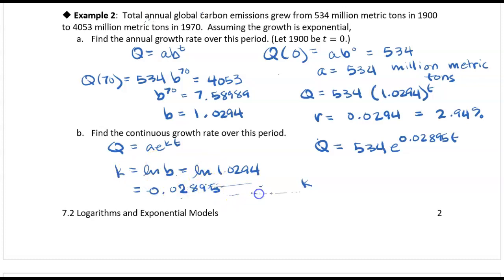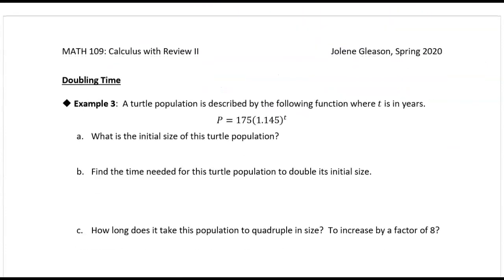K is 0.02895, but we could also express that as 2.895%. Okay, ignore that. All right, so let's go on to some other topics here.